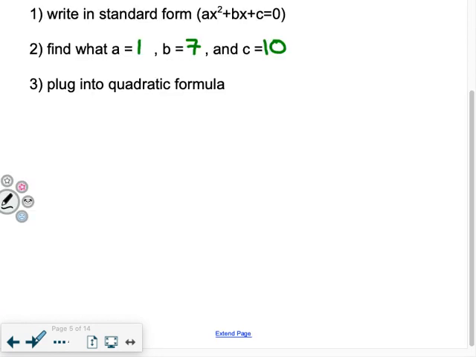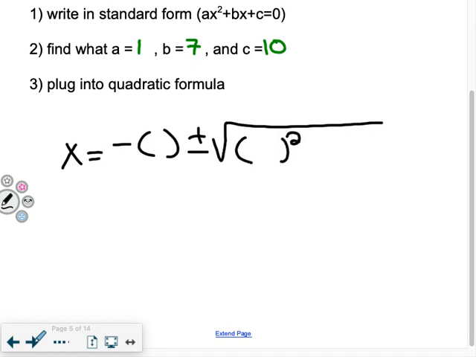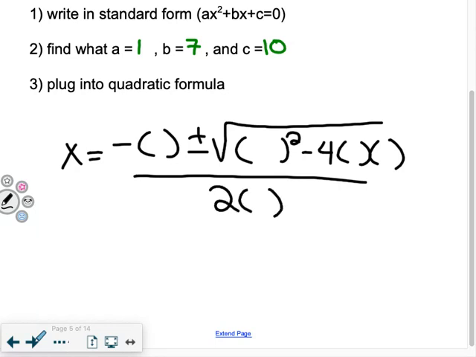So again, I like to write out the pieces that I'd have, and then I'm just going to fill in the missing pieces here. So again, x equals negative b, so I'm going to plug in 7, plus or minus the square root of b squared minus 4ac all over 2a.